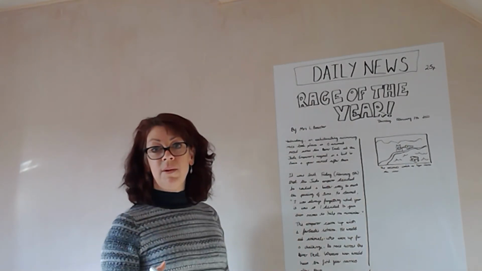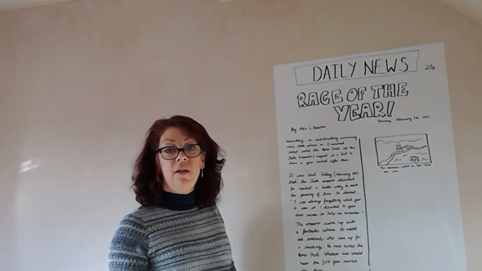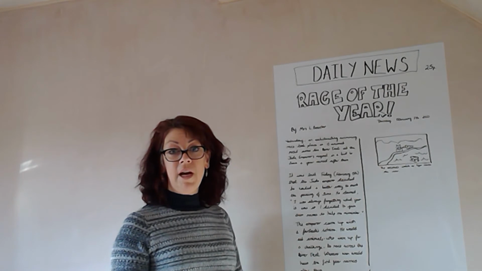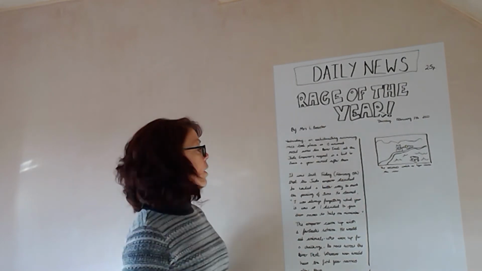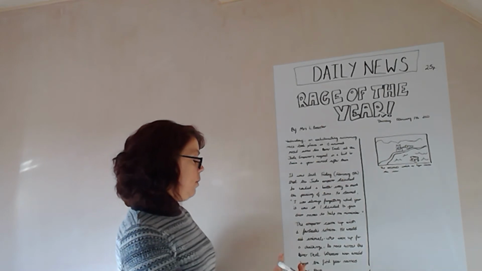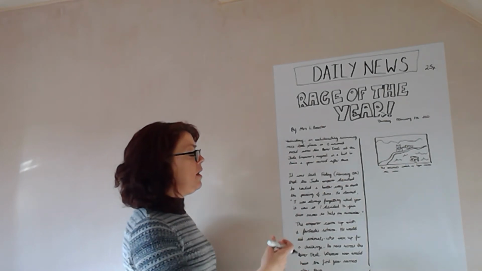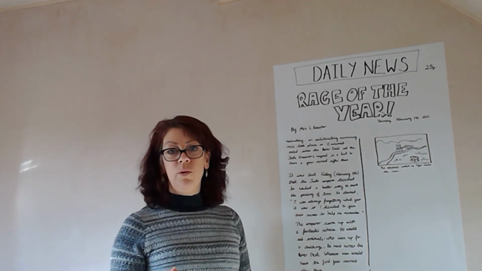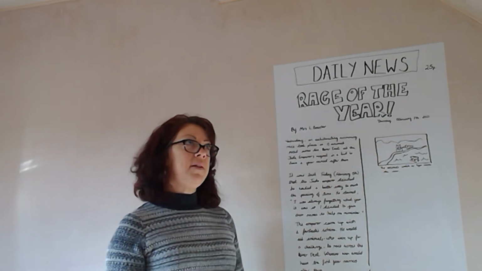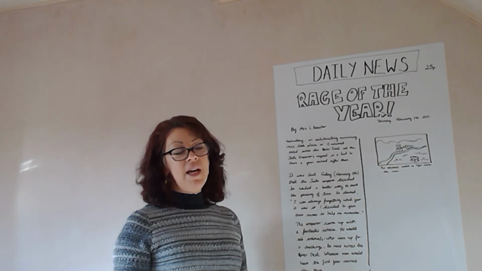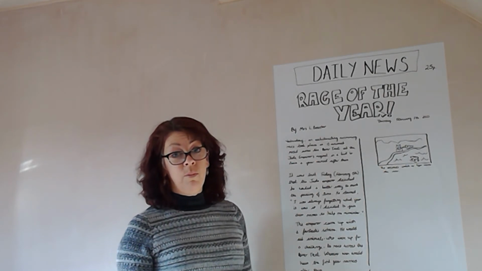I want to include some of the other features that we've learned about this week. So another feature that we've talked about and that you've practiced is reported speech. So I'm going to bring that in through the Emperor's wife. So I've talked about whoever won the race would have the first year named after them. And now I'm going to include some reported speech that the Emperor's wife is going to mention. Now, she might have said something like, "It's a crazy idea. I told him it wouldn't work."